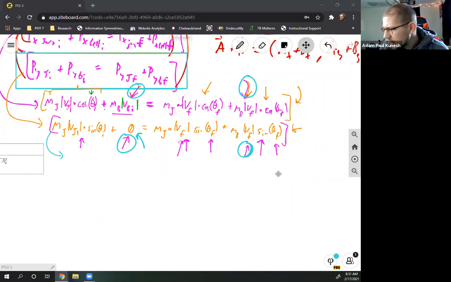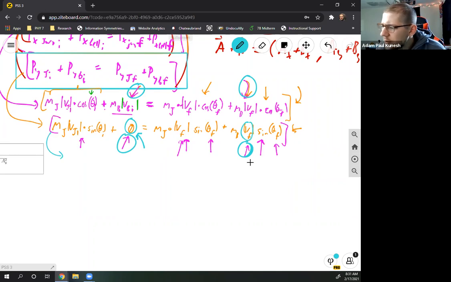Okay. Next part. So I've got this vertical part. The vertical part is what I'm going to solve because it's got this desirable characteristic of only having one unknown, namely VF. And I'm interested in finding the final velocity of the ball, which is the same as the final velocity of Jersey, the dog, because they stick together after collision. Okay, so let's solve for VF here. I'm going to rewrite my equation.